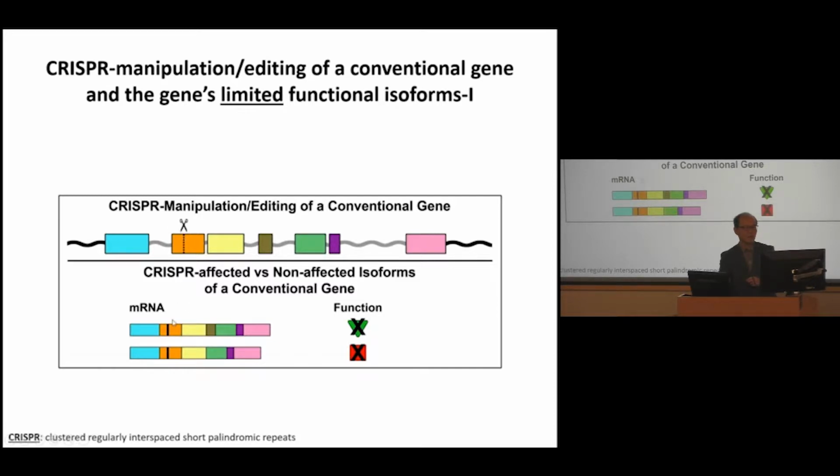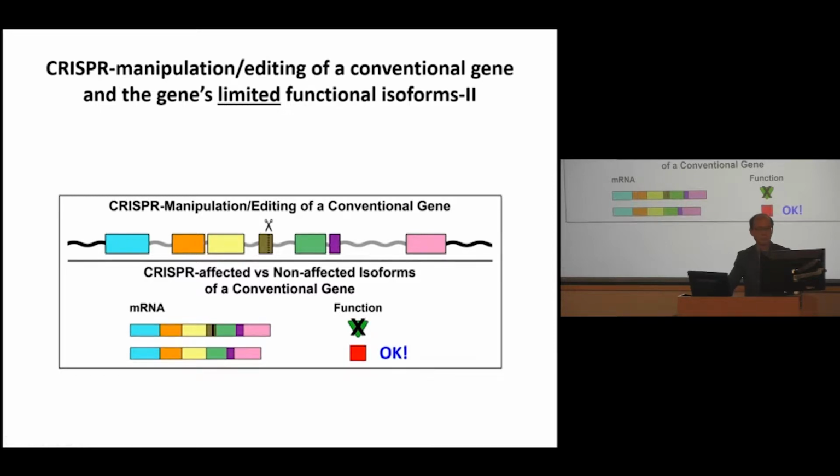Then this editing of second exon will affect, let's say, the current limited isoforms. Then two messenger RNAs will be affected, and it will disable the function perfectly fine. However, if you decide to pick exon number 4, and if you did editing when there are two messenger RNAs, you might be able to disable the first isoform, but your second isoform is still intact.